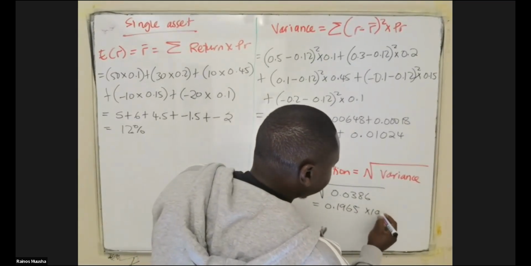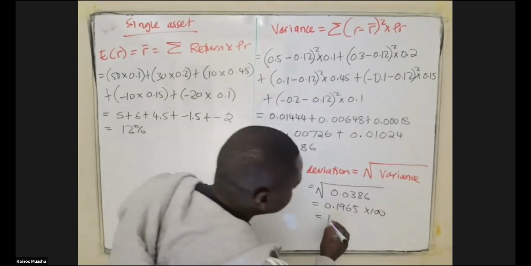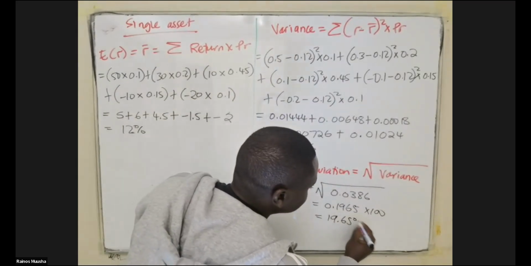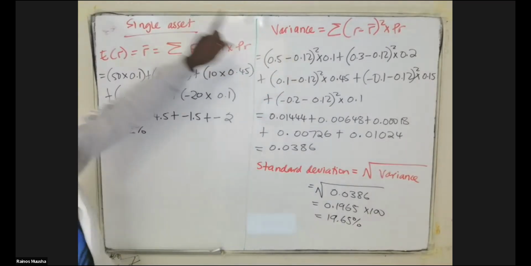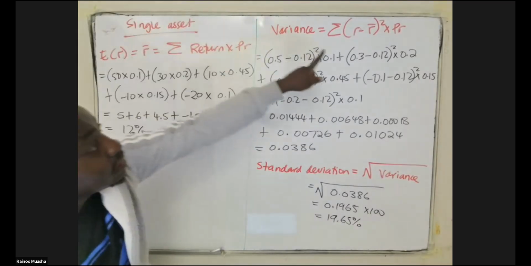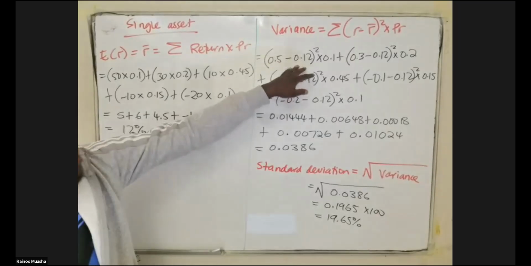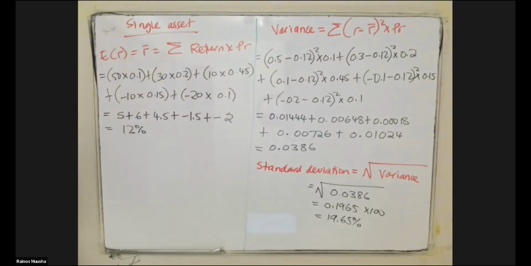Then if you multiply this by 100 to make it a percentage, you get 19.65% as the standard deviation. If you use full figures of 50%, 30% and 12%, you are going to get an answer which is different.